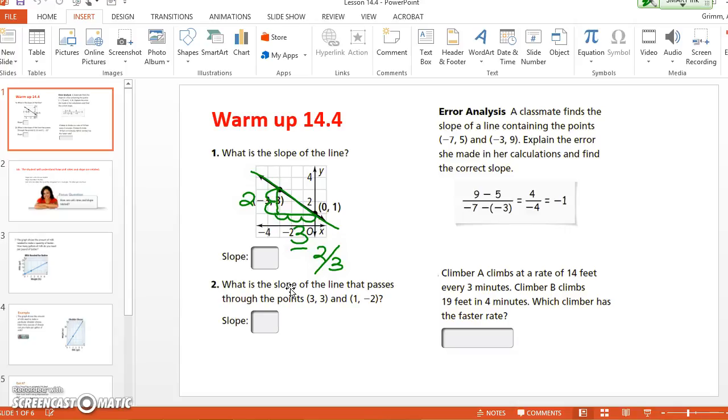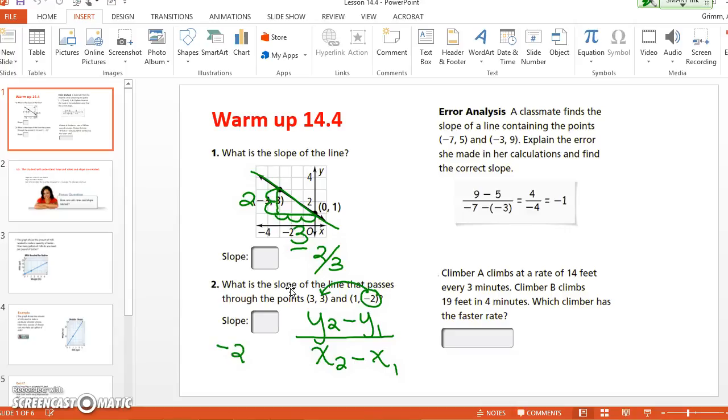Okay, number 2, we also learned about the slope formula and how to use that. James? You have to take the second y, and then you minus the first y, and then you divide that by the second x minus the first x. Yeah, there's your slope formula. Basically what you're doing is taking the y from this one and subtracting this one.